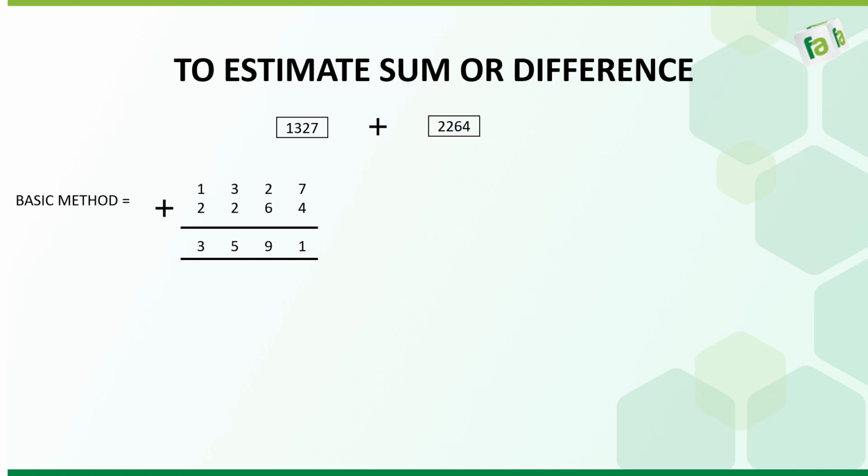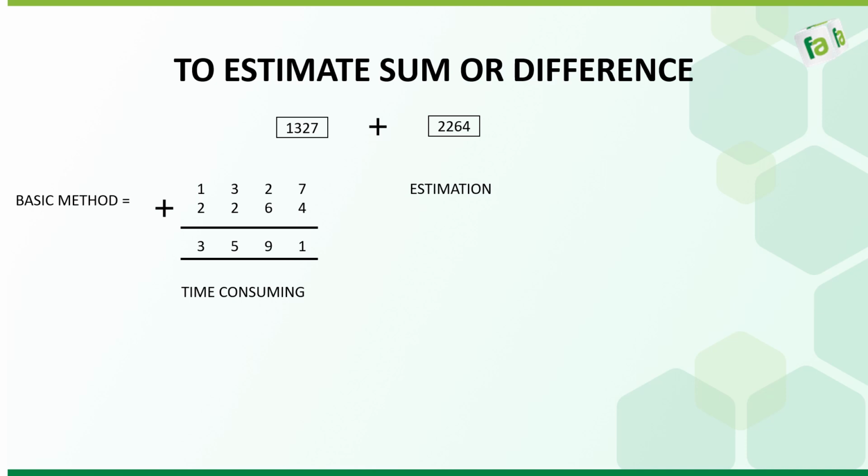But if you are in an exam or in a place where you need to calculate the approximate sum of these numbers, the basic method will take time. In such cases, you can use estimation to calculate the sum.